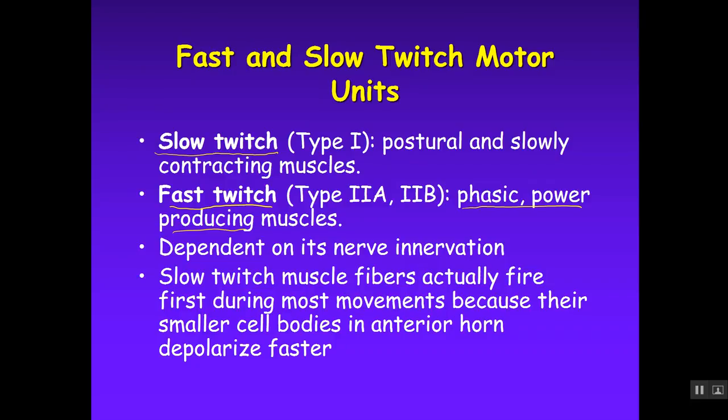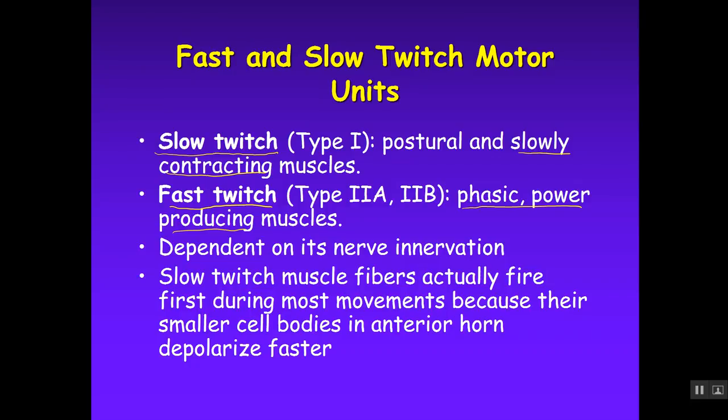So here's an interesting thing: even though slow twitch muscles are a little bit slower in contracting, they actually get their signal first. Like if you're going to do a quick ballistic motion, and I'm going to reach really quickly or jump or something like that, when I start to send the signals, they will get to my postural set muscles just a fraction of a millisecond before they get to my other power-producing muscles.